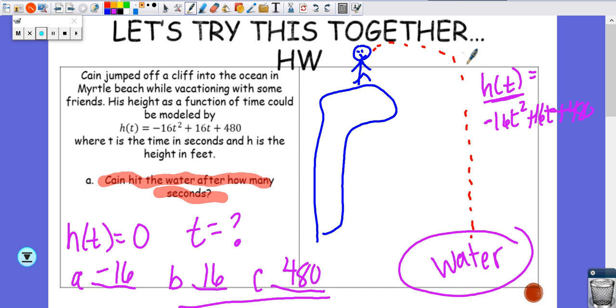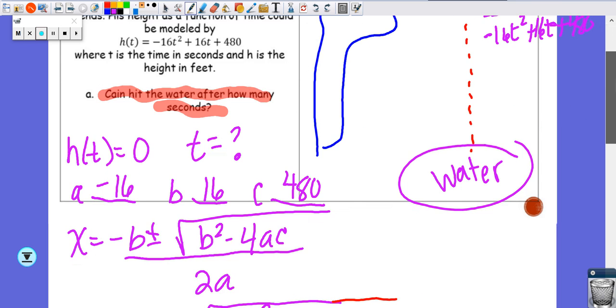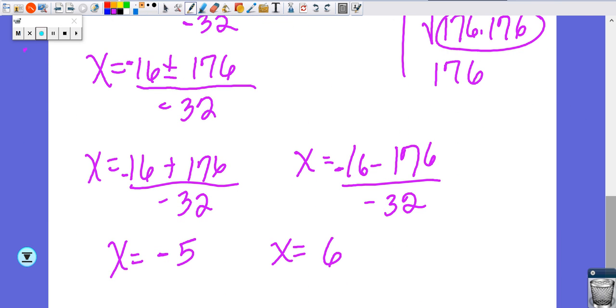So when he jumps off this cliff, he's going to hit the water in 6 seconds. So the negative answer cannot be your answer here because time is not going to go backwards. Time is going to go positive, and he's traveling forward. So if he travels forward, that means his time should be getting bigger. It should be a positive number as he's traveling forward.